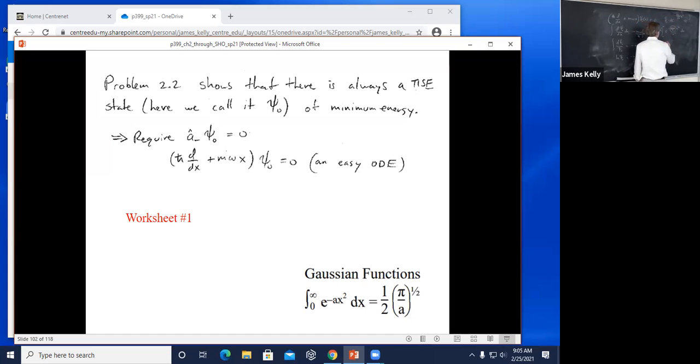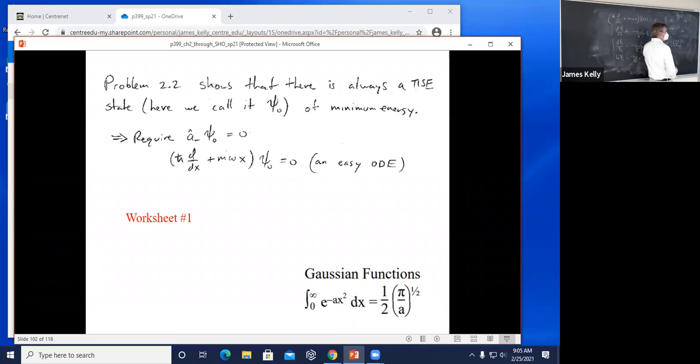So this would be 2a squared times the integral from 0 to infinity of that stuff. And the integral from 0 to infinity, let me just write down what that result is supposed to be: 1/2 times pi over a. 1 over a is h bar over m omega to the 1/2 power.